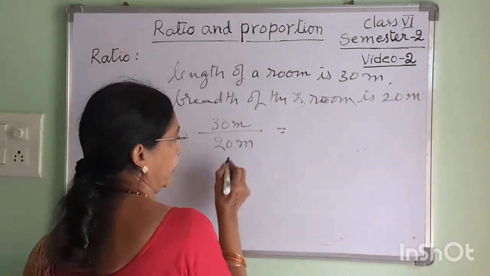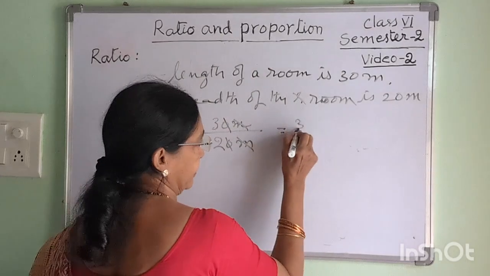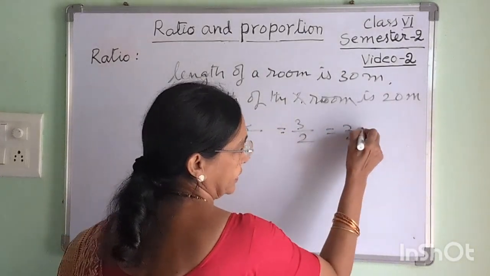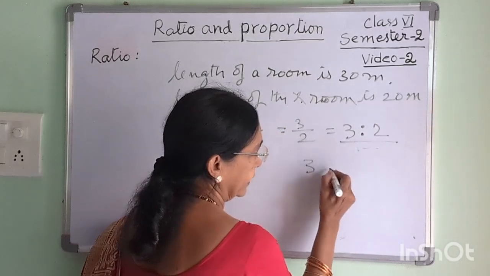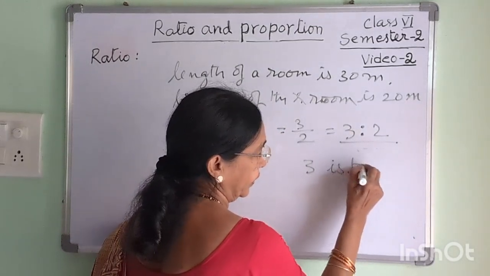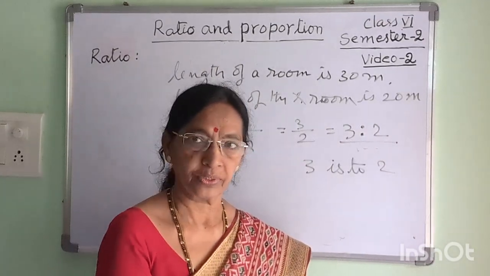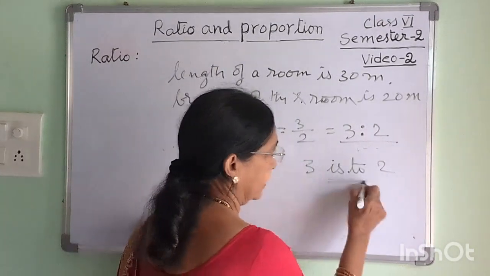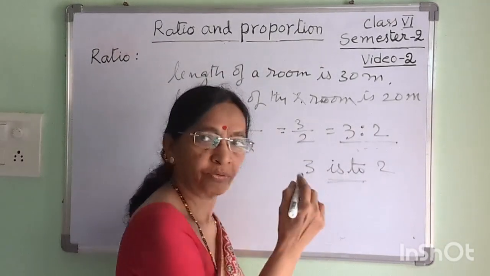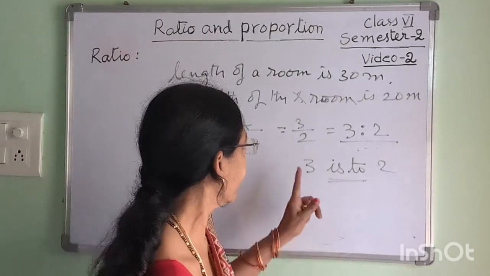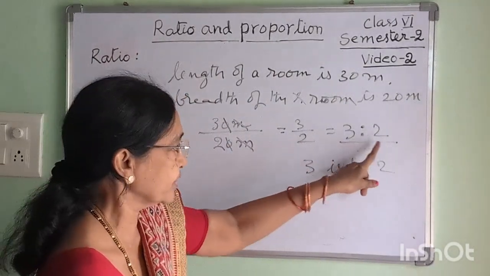That is equal to, meters get cancelled, 0 and 0 get cancelled, 3 by 2, or this is written as 3:2. This is read as 3 is to 2, and it is denoted by 2 dots, one below the other. So the ratio of the length and breadth of the room is 3:2.